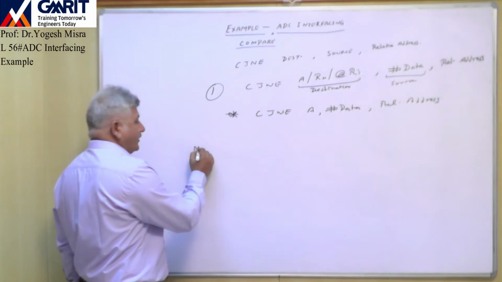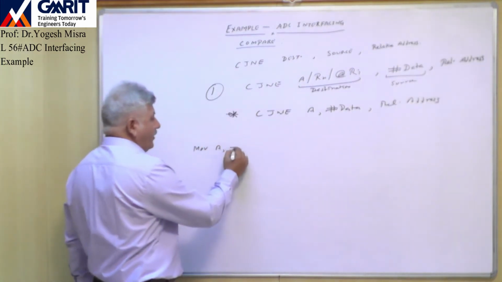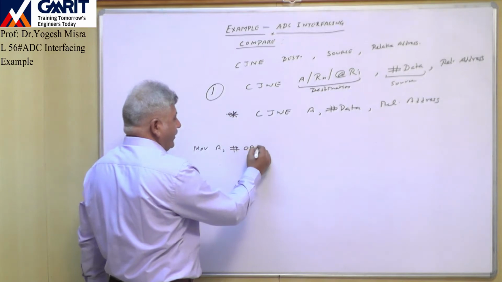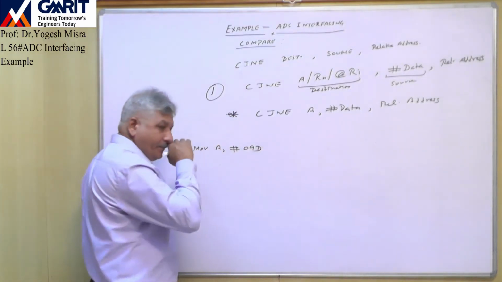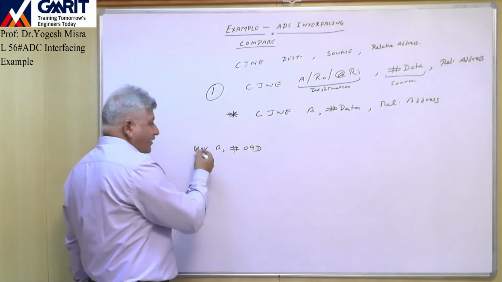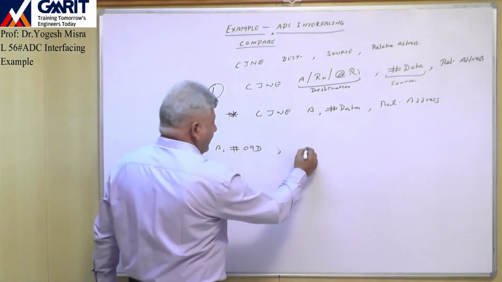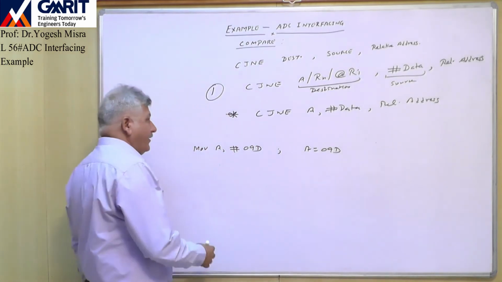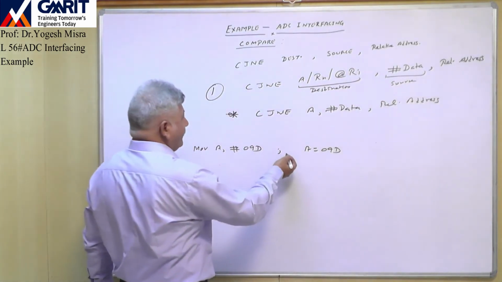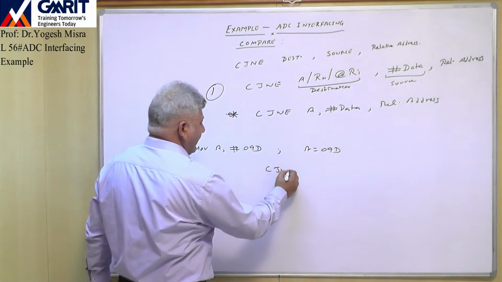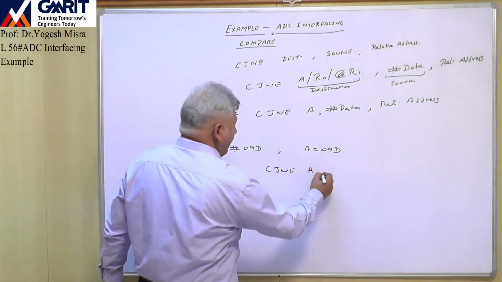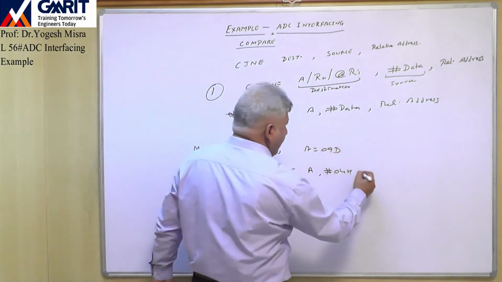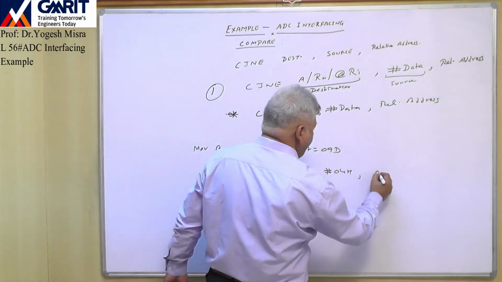Suppose we have written the instruction MOV A, #09H. So with this instruction what will happen? A will become 09. And after this we have written the instruction CJNE A, #04H, and for the relative address we have written a label, ahead.